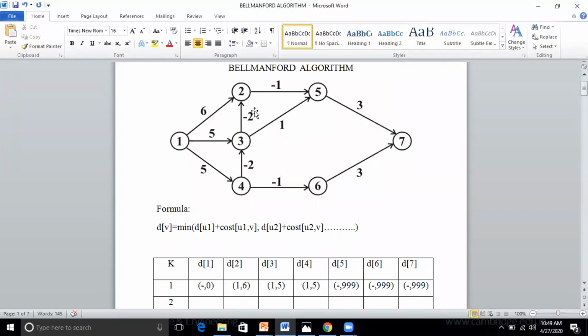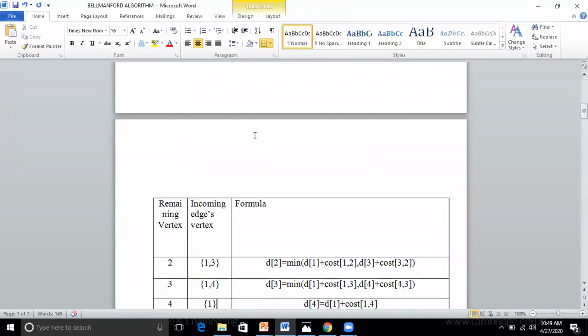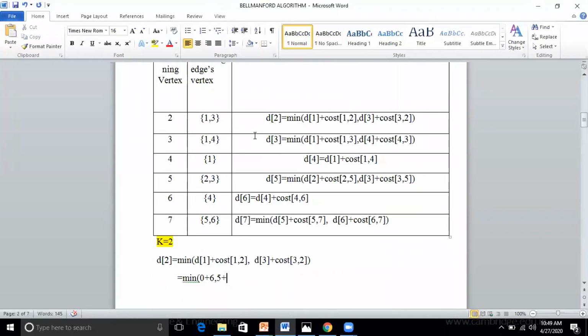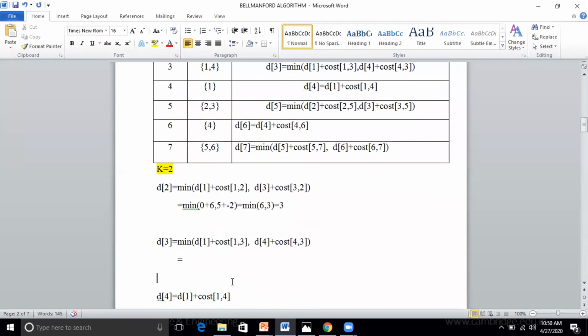Can you see here, edge cost 3 to 2 is minus 2. Students, you are following, right? So 0 plus 6 is 6, 5 minus 2 is 3. Which is minimum? 3. So d of 2 is 3. Okay, now we'll go for d of 3.